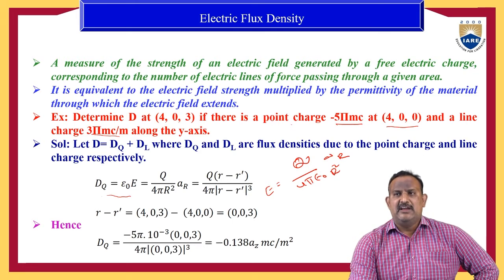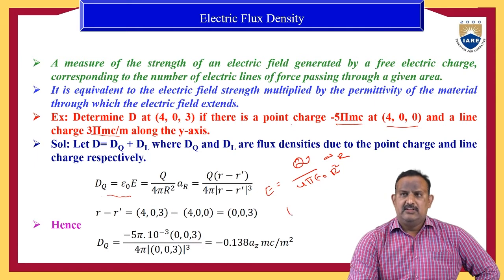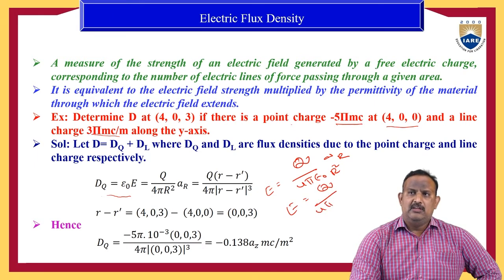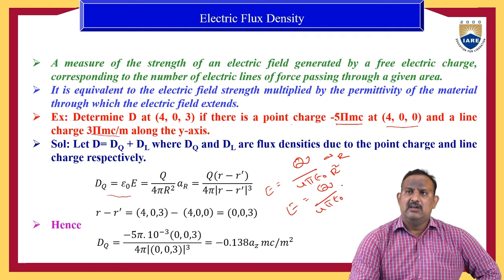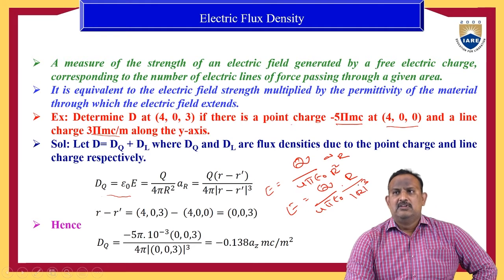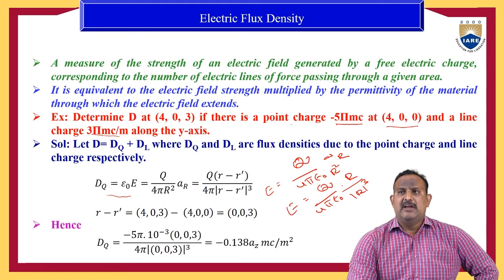It can be expressed as r by mod r cube, where r is a vector and mod r is its magnitude.